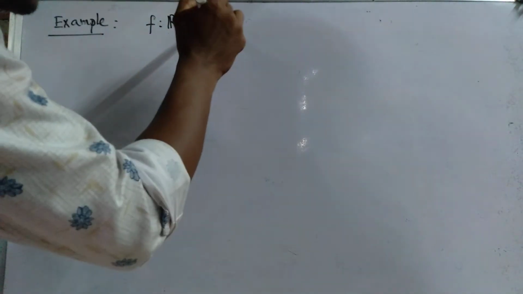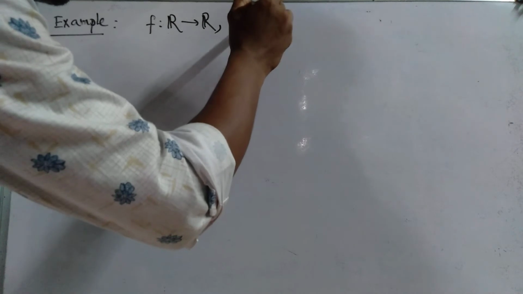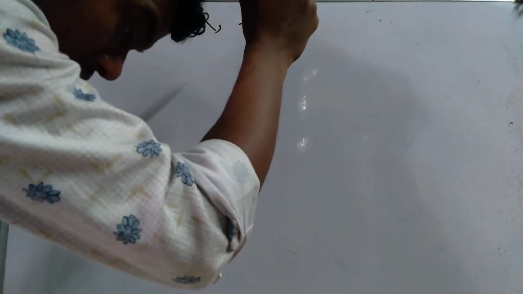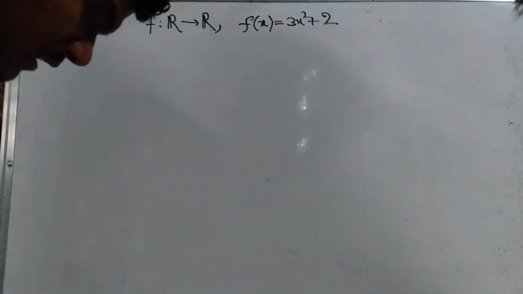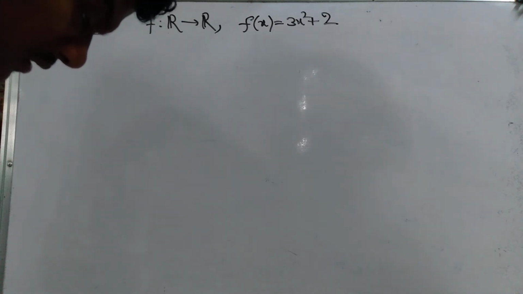Okay, suppose f from R to R is given by f(x) equals 3x squared plus 2, and [a, b] is the closed interval.